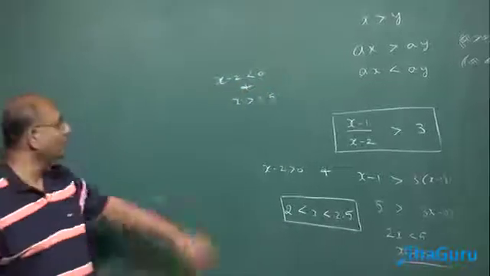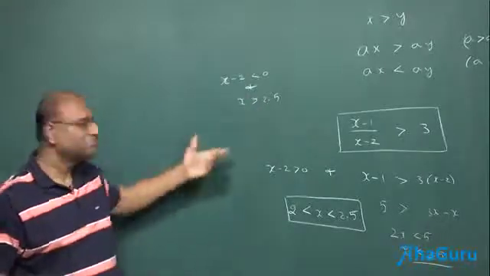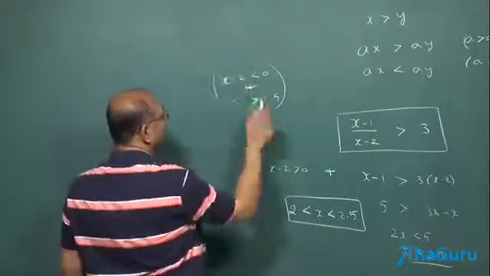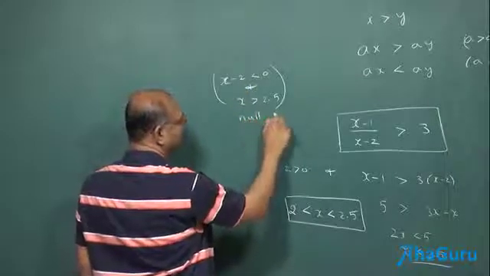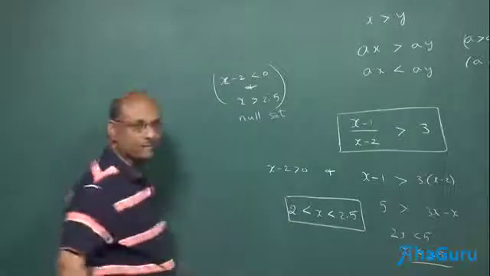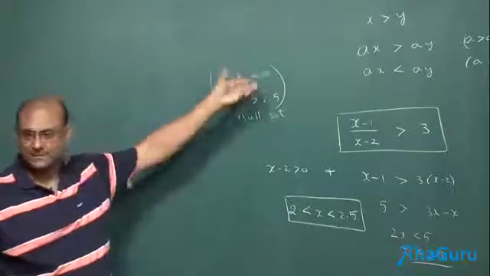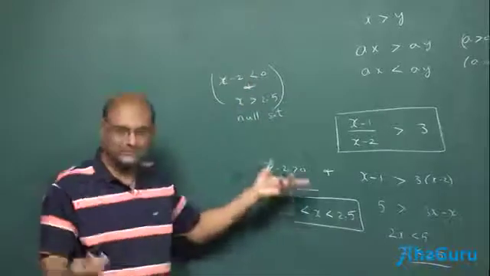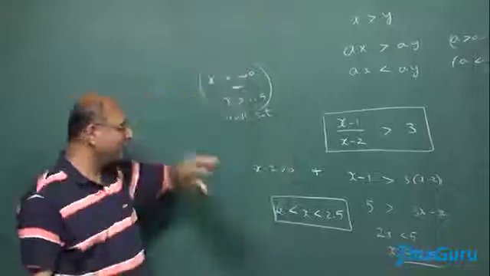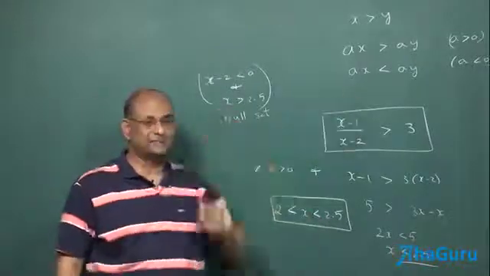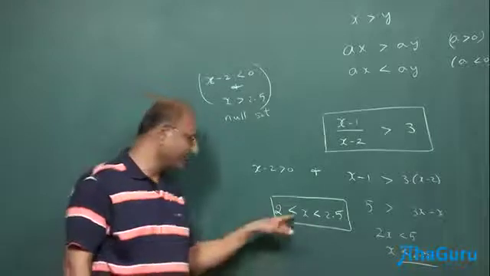How many x's do you know which are less than 2 and greater than 2.5? Nothing. So this is a null set. There is no such x. All values of x which satisfy this is basically the null set, which means there is no value of x. And then this value of course is there. So all these possibilities will satisfy that, but it's important that x is greater than 2.